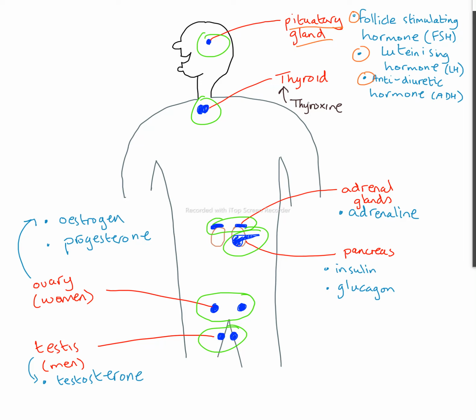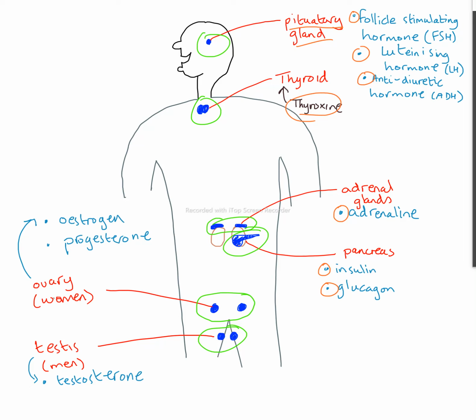The thyroid releases something called thyroxine. Adrenal glands release adrenaline. The pancreas, in terms of the hormones that run in the blood, the endocrine hormones, releases insulin and glucagon. We'll come to those.